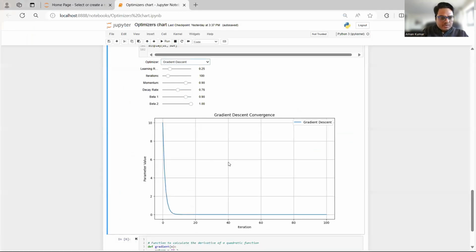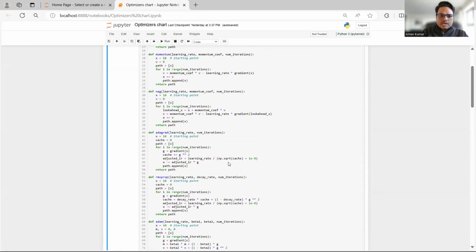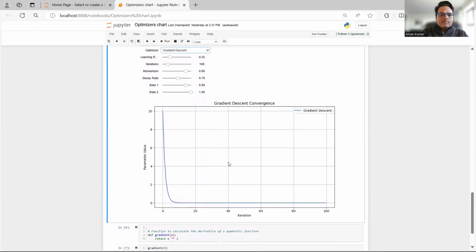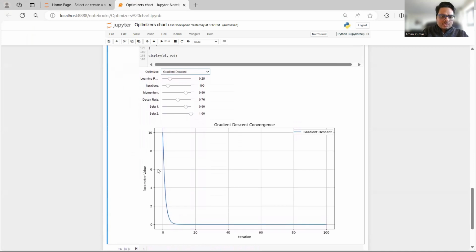I will give you this code. Don't worry about the code. Just think of it like this: on the y-axis I have the parameter value, and on the x-axis I have the number of iterations. As you can see here, this line is converging close to 0.